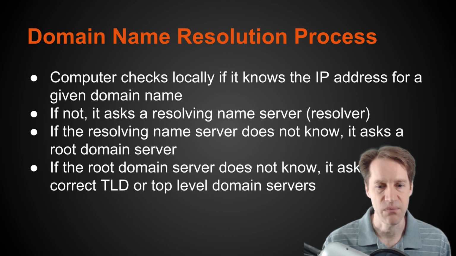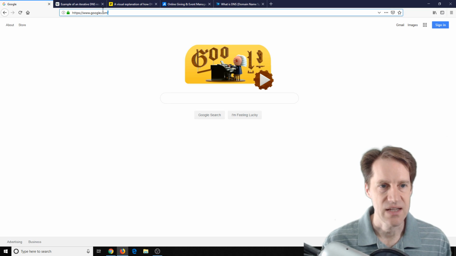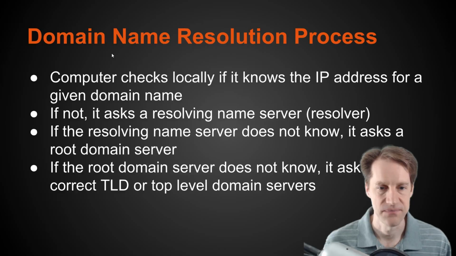So if the root domain server doesn't know, it asks the correct top-level domain server. In this case, it says, go ahead and contact the .com top-level domain server, and I know where it is. I don't know where google.com is, but I know where .com is, and they can help you there.